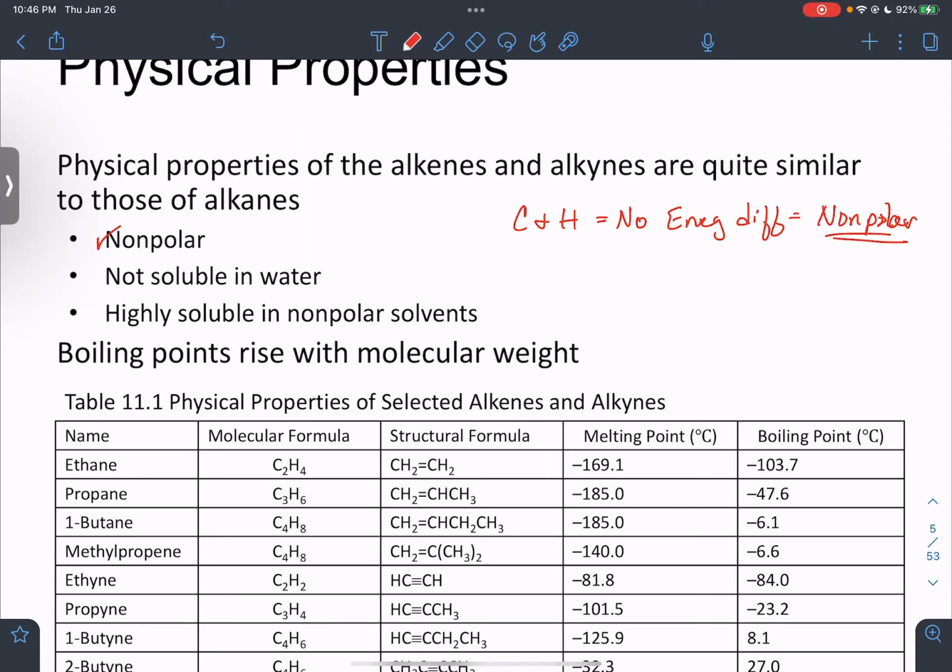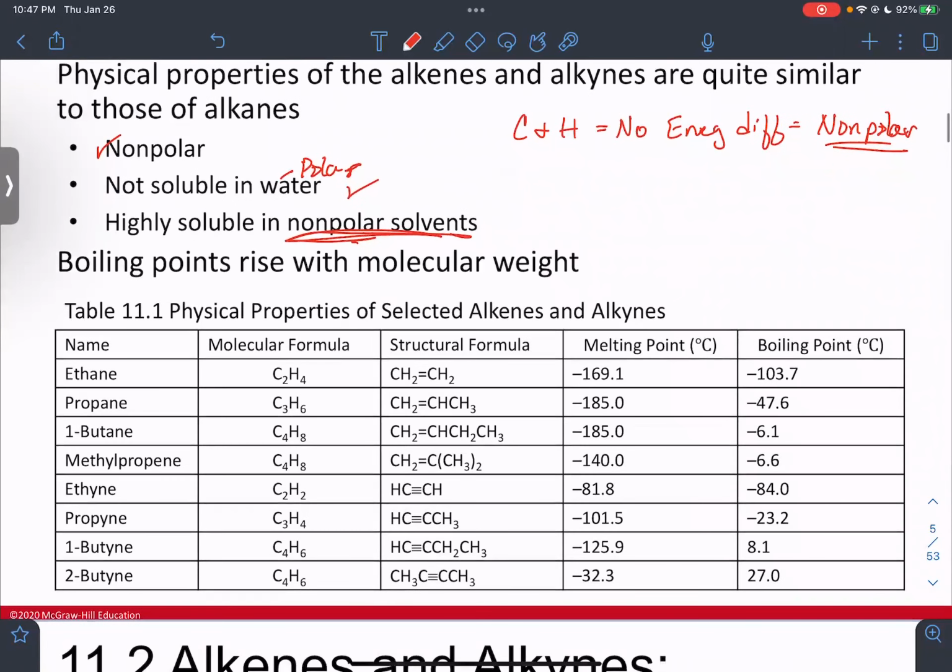Well, if they're non-polar and water is polar, then the rule is like dissolves like. So it's not going to be soluble in water. But if you have a non-polar solvent, then yes, it would be highly soluble in that non-polar solvent.